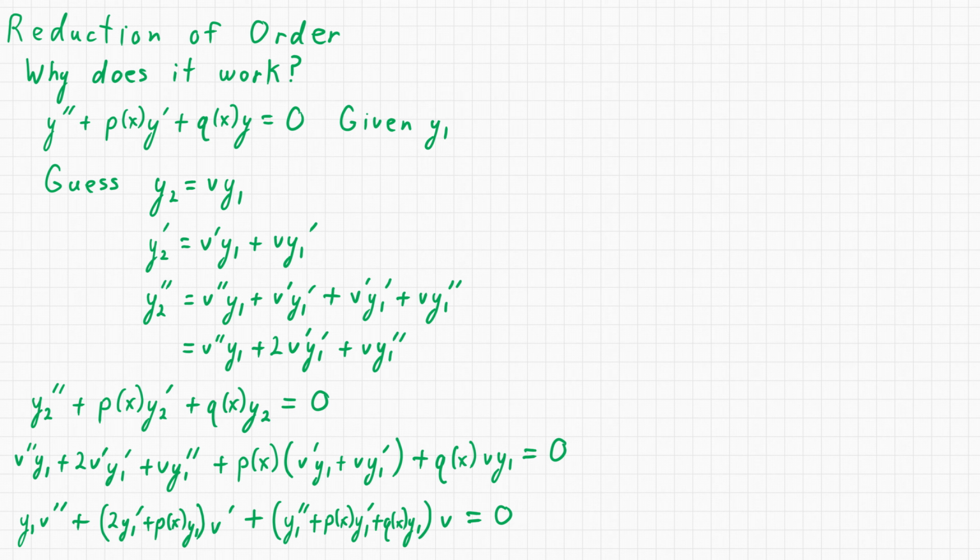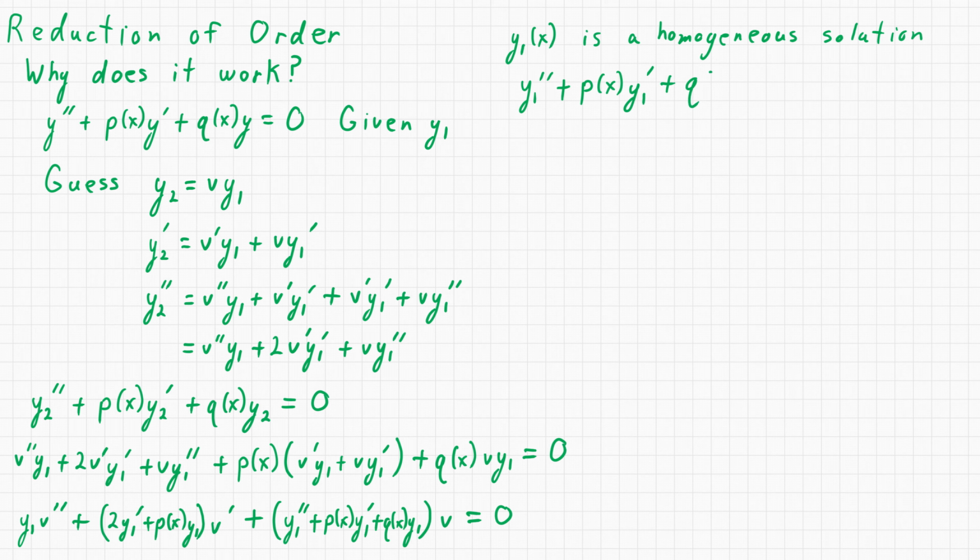Going back, y1 of x is a homogeneous solution. What that means is that if we plug y1 into the differential equation, meaning y1 double prime plus p of x times y1 prime plus q of x times y1, it will equal 0.